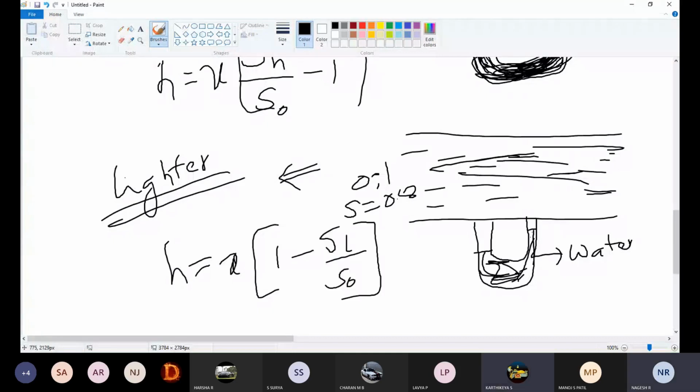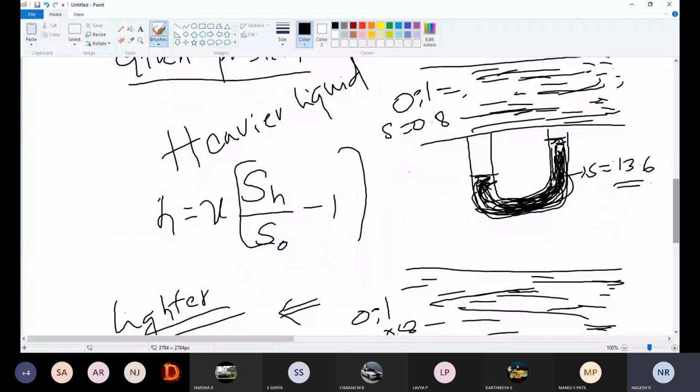Now you got some clarity regarding this: when to take 1 minus SL by S naught, and when to take SH by S naught minus 1. Suppose there is a higher specific gravity in the flow of the fluid compared to the manometer fluid, then I consider that a lighter liquid.